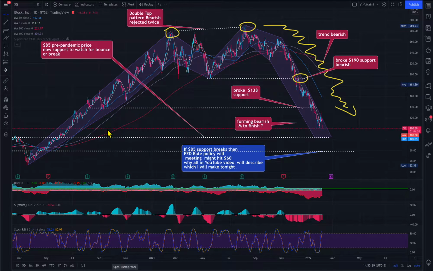If you take a look right here at the pandemic time, this stock went to $35, and since then it took off from 35 to a high of $290 right here. $290 it reached. So 35 to 290 is a lot of gain, but that happened because the Fed announced a 0% interest rate.